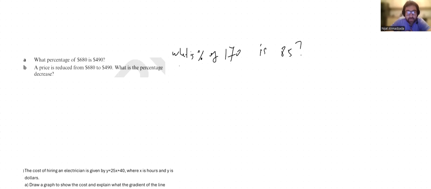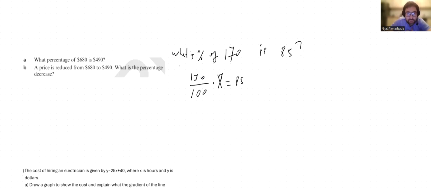So that means we have to divide 170 by 100 and multiply it by something. The something is called x in mathematics, and we have to get 85 as an answer. So let's go for it.